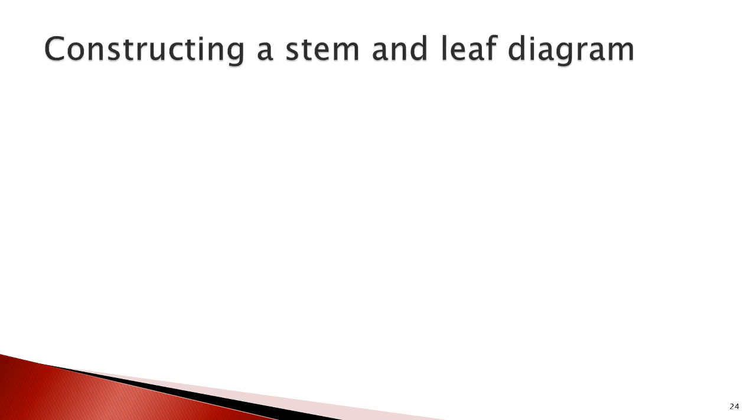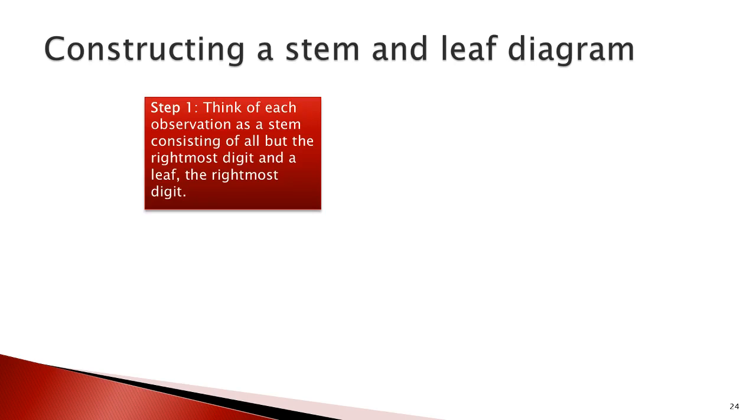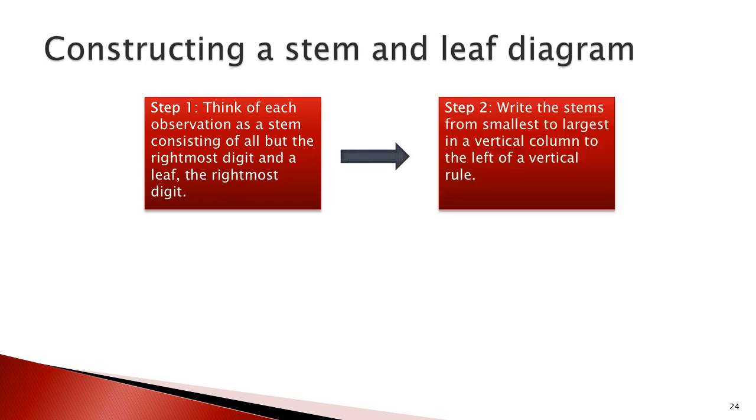Okay, let's move on to the procedure of constructing a stem and leaf diagram. There are 4 steps. The first step is to think of each observation as a stem consisting of all but the rightmost digit and a leaf, the rightmost digit. The second step is to write the stems from the smallest to largest in a vertical column to the left of a vertical line.